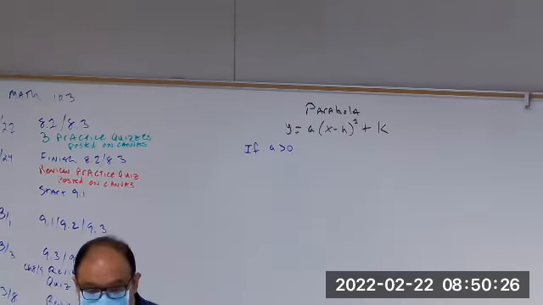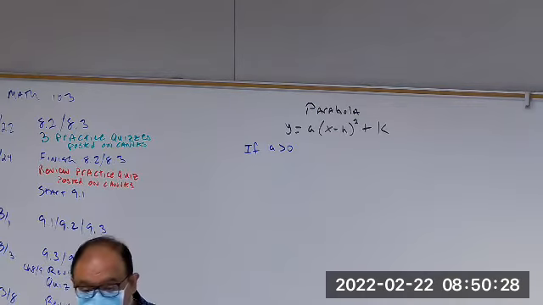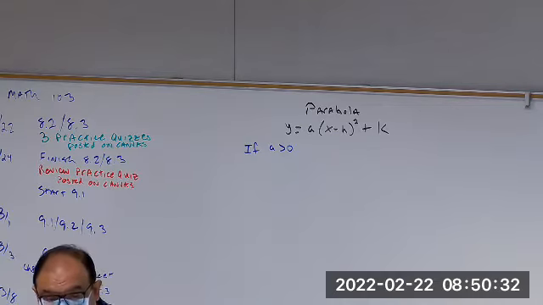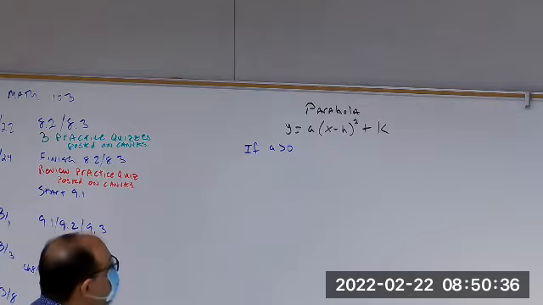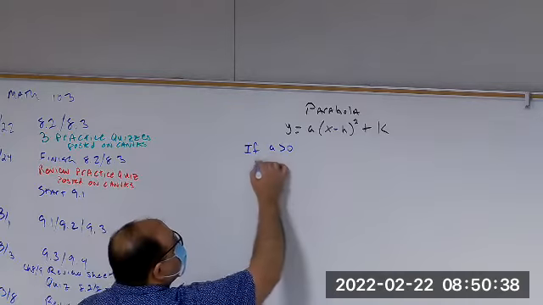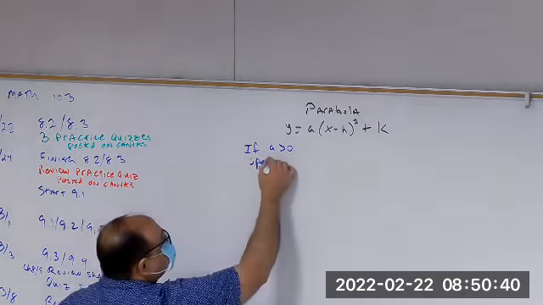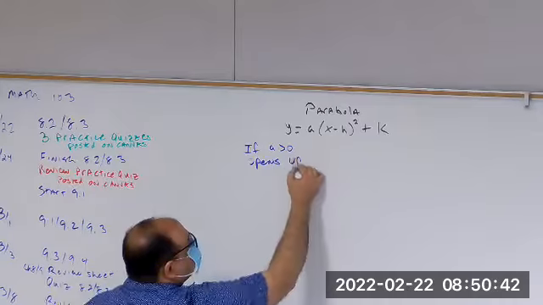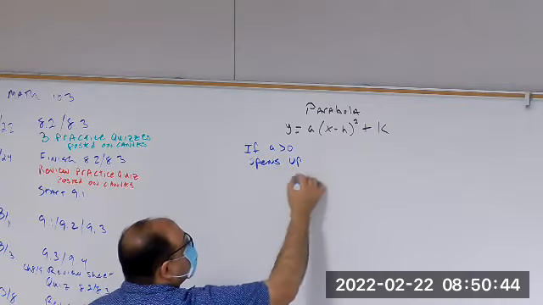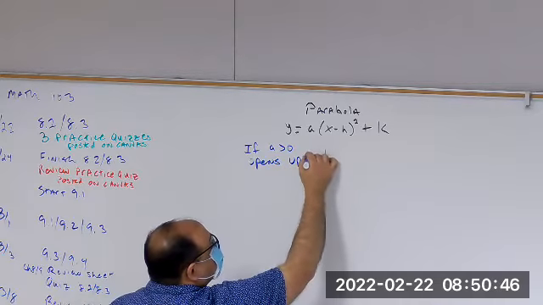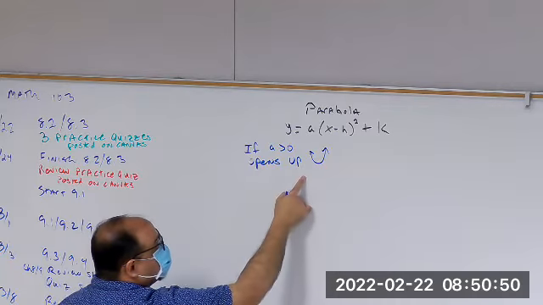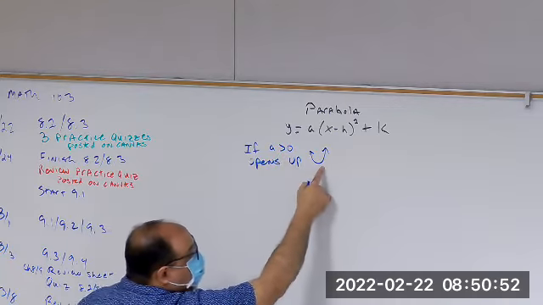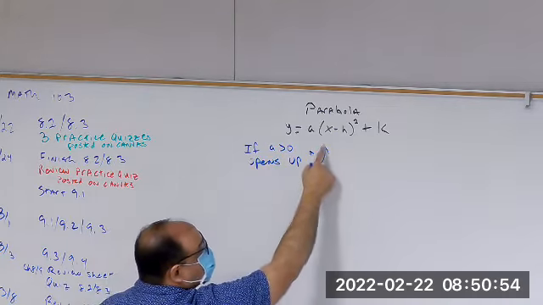If it's a positive number, 3x squared, 2x squared, 1 times x squared, 1/3 times x squared, it's going to open up. Just like the U in the word up. When you're positive, you're happy, like a smile.